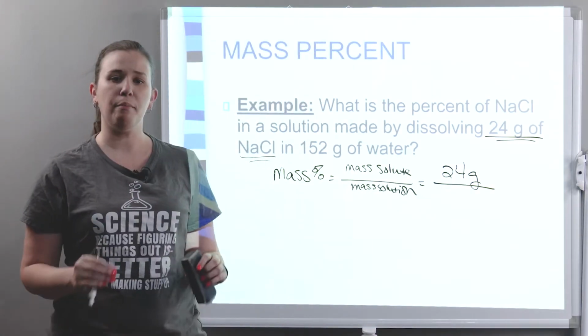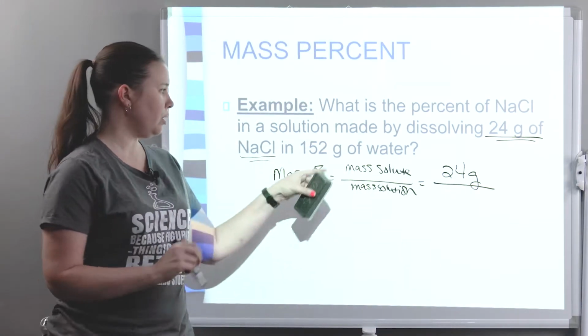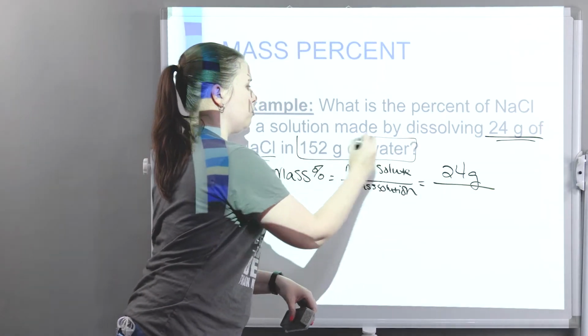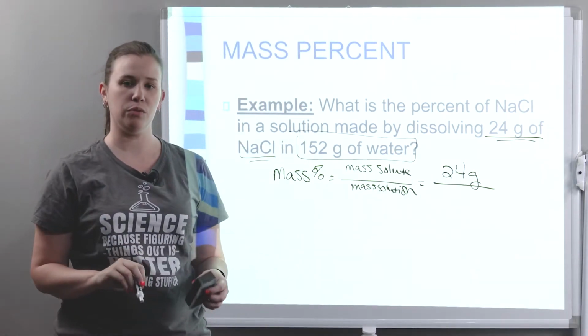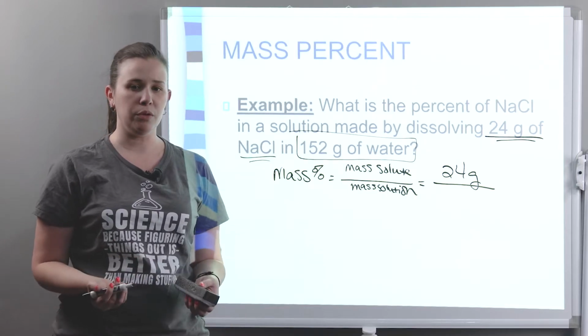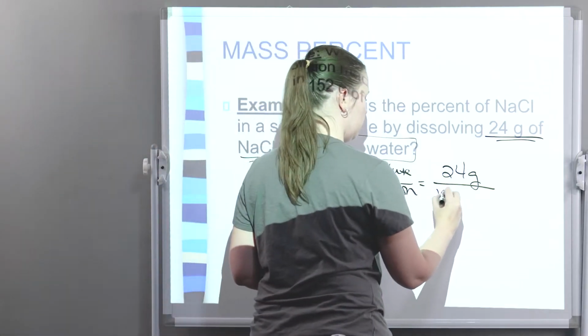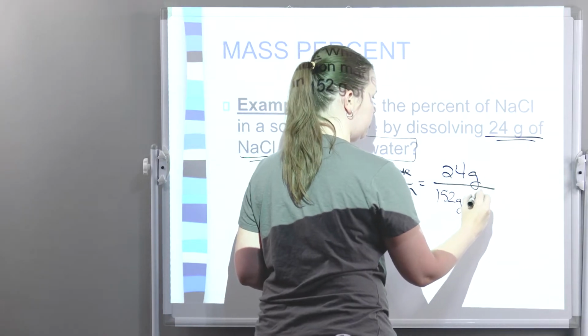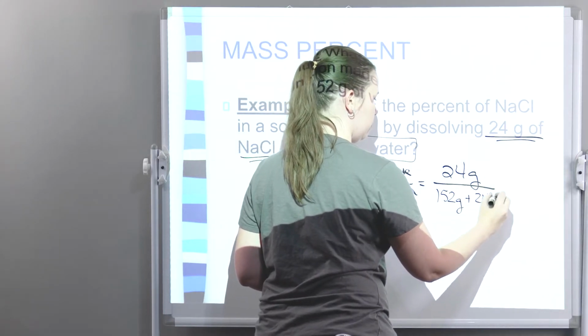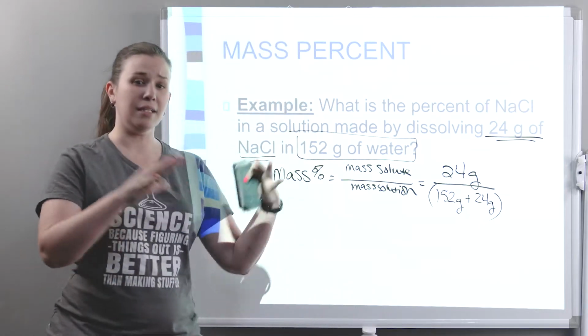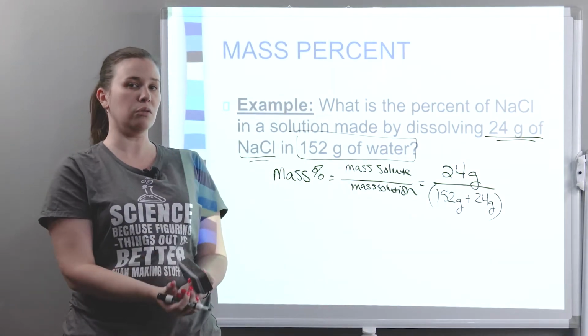On bottom, I want the mass of the total solution. So is 152 grams of water the same as the mass of the total solution? Well, no, that would only be the mass of the solvent. We want the 152 grams of the solvent plus the 24 grams of the solute. That together will make the mass of the solution.